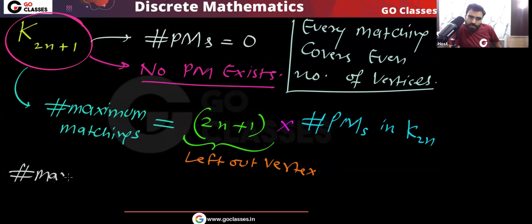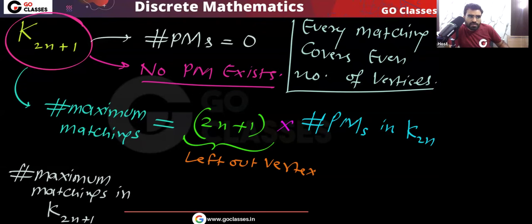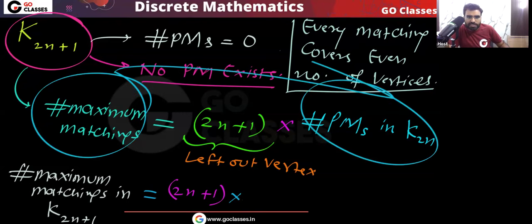The number of maximum matchings in K2n+1 will be equal to 2n+1 for the left out vertex, correct, multiplied by, in the remaining 2n vertices, you need to create a maximum matching, and that will be a perfect matching.